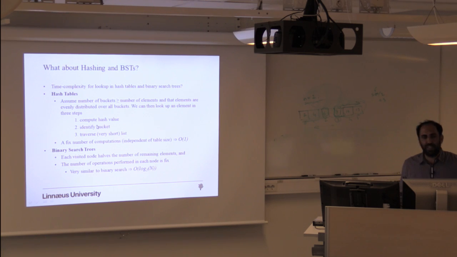So we compute the hash value and identify the bucket. You can have a linked hash set as well, which means that at every bucket you have a linked list. But if you have evenly distributed elements, usually this list will be very short, only one element at every bucket. So in that case, you have a fixed number of computations, so it is O of 1. Okay. And what about binary search trees?